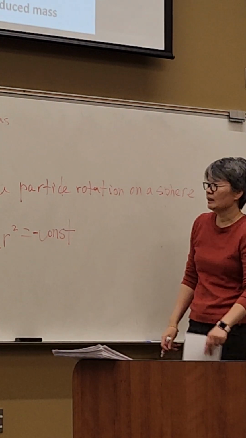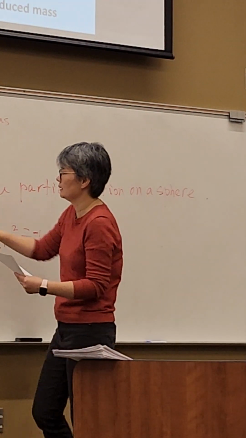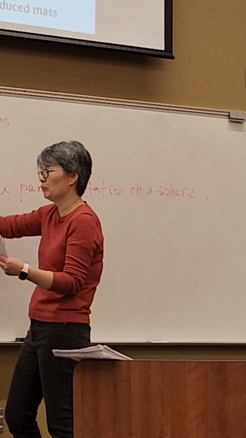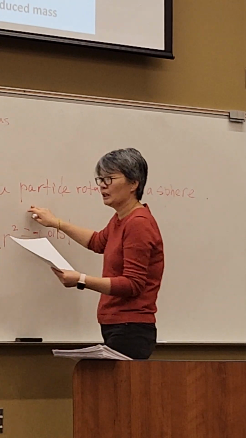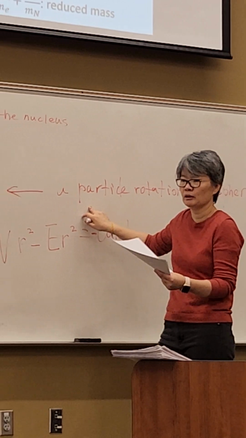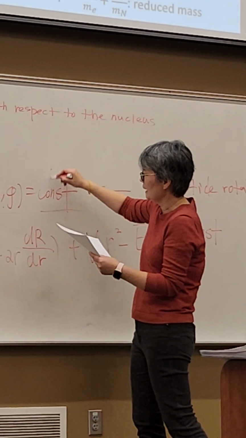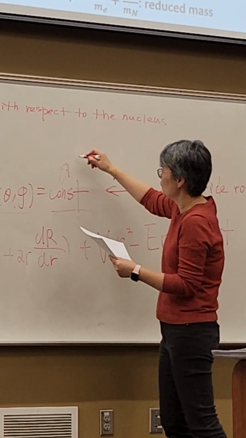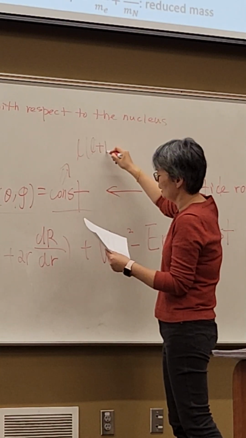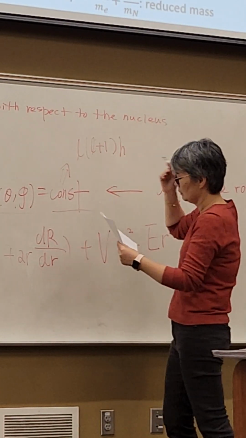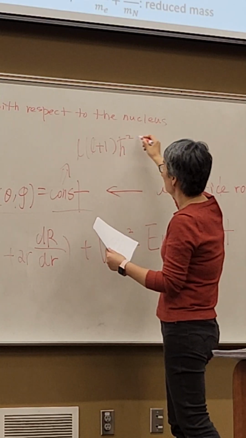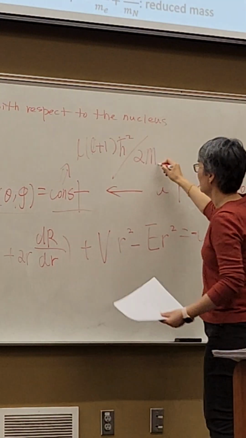If that is the case, then the constant here, after we split it, we take a look at it. This is really the Schrödinger equation for the particle rotation on the sphere. So in that case, the constant equals L(L+1) h bar squared over 2 mass of me.